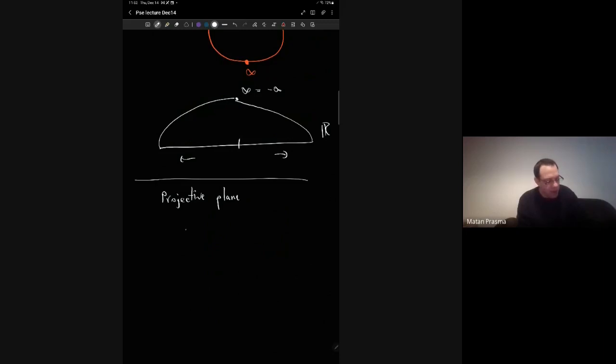I now take R3 and I remove the origin, and I declare (X, Y, Z) to be equivalent to (lambda X, lambda Y, lambda Z). Right? I see.